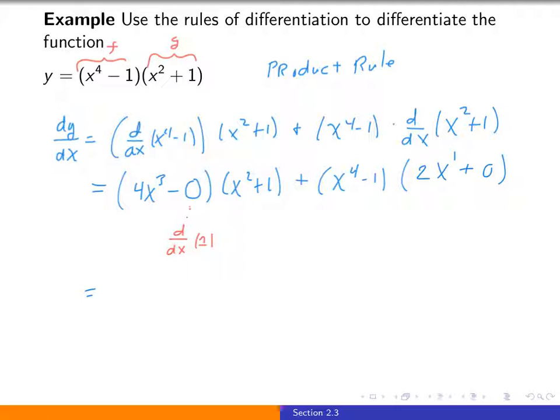Simplifying just slightly, I'm going to write this as 4x^3 times (x^2 + 1) plus (x^4 - 1) times 2x. This is a step where I would usually stop, and I like seeing it in this form because I very clearly see the derivative of the first times the second plus the first times the derivative of the second.